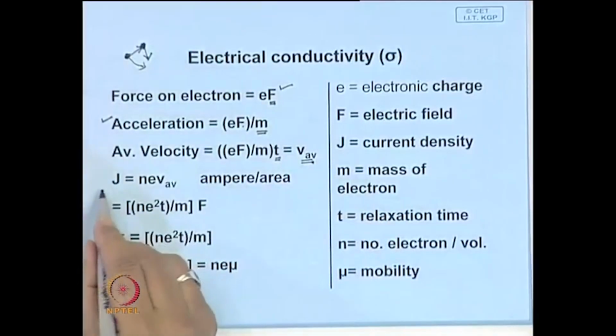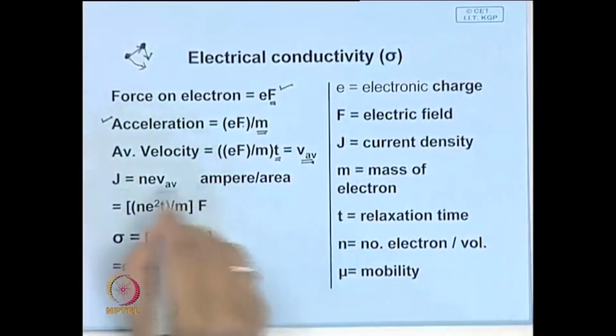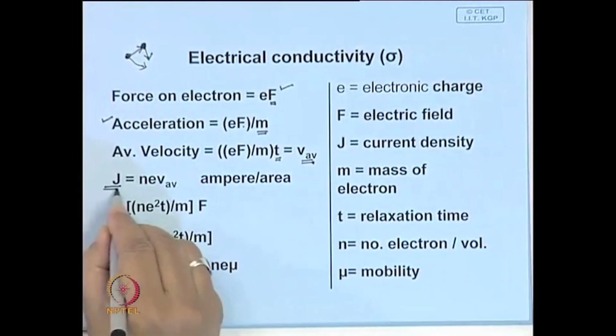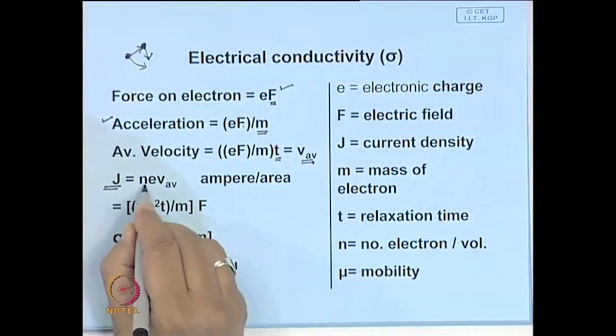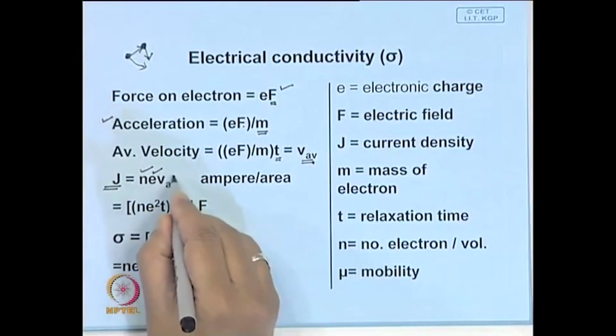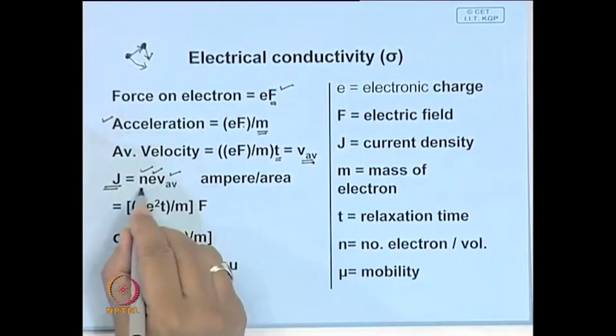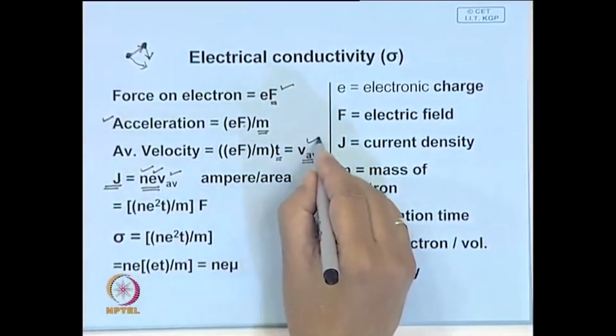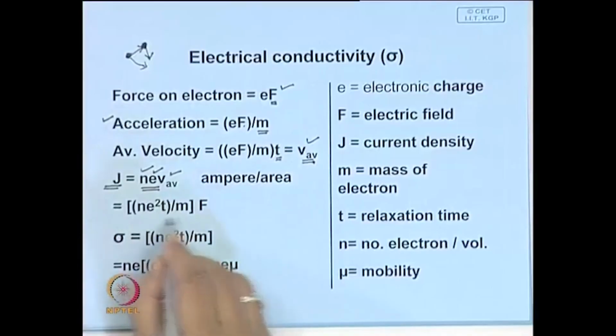Then it is possible to calculate the current flux. That is, current flux J will be proportional to the number of electrons n, electronic charge, and then average velocity. And here if you substitute that average velocity, you get this term.